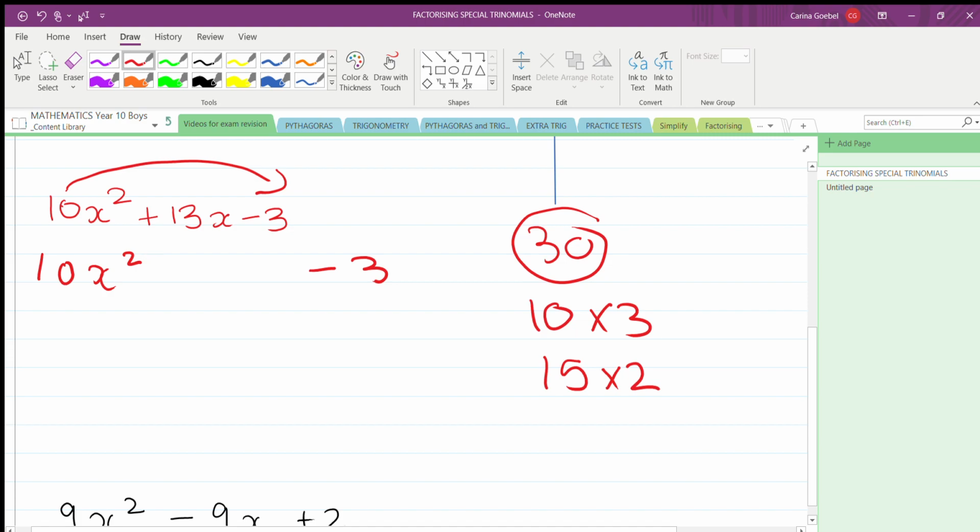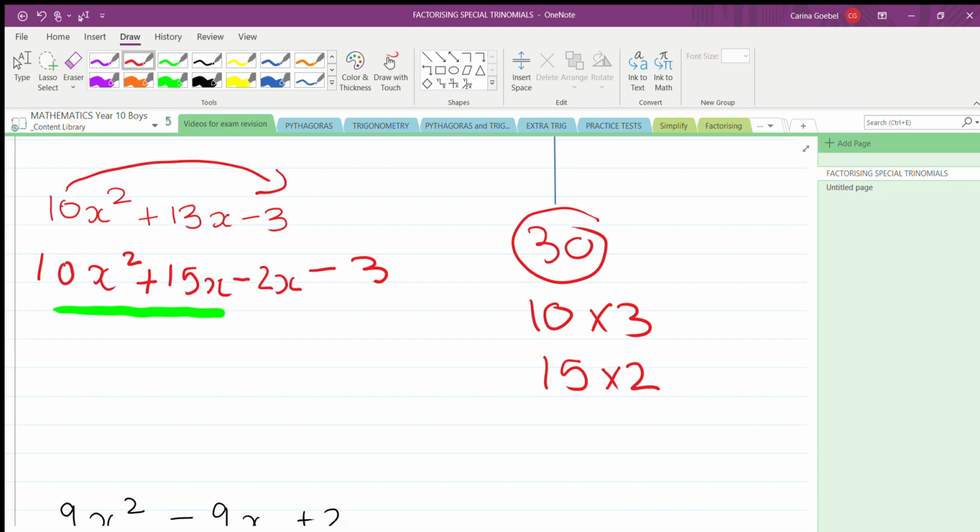So we can go 15x and 2x. Remember, you can put them either way around. Now you need to make sure that you apply the sign correctly. You need plus 13. So that means you'd have to plus 15 minus 2, which will give you plus 13. We are then going to factorize the first two terms.